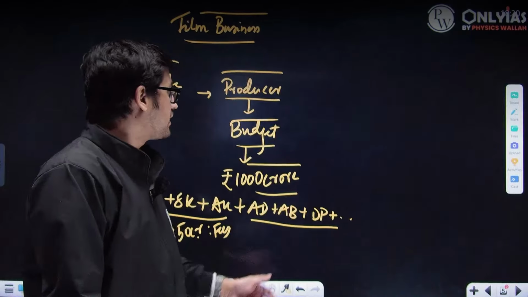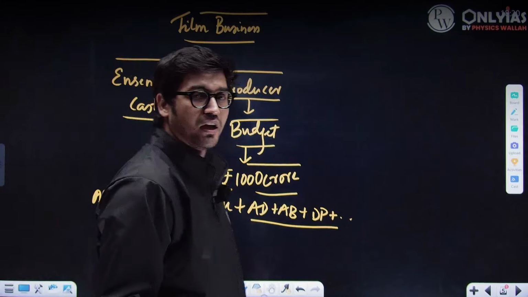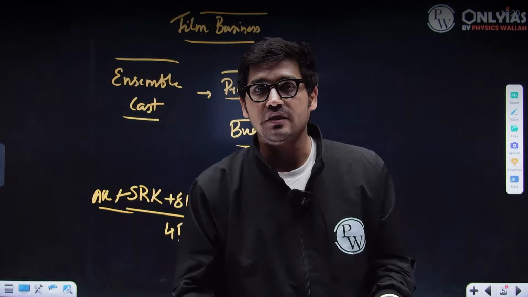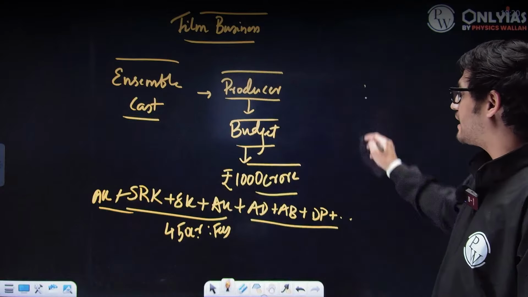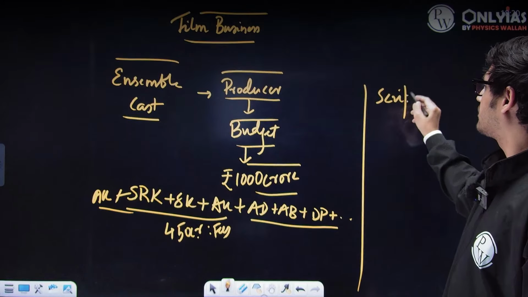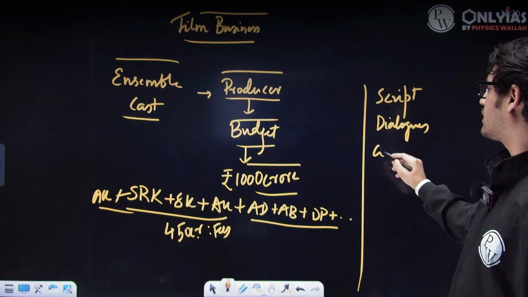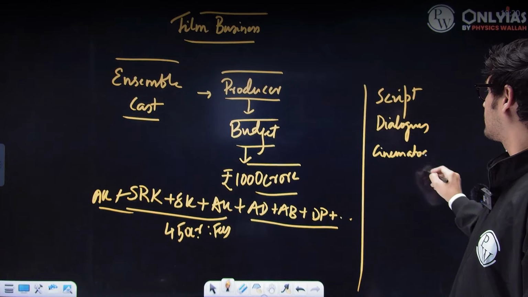And if I'm spending somewhere closer to around 500-600 crore rupees only and only to pay my actors, then what about the remaining aspects of a film? What about the script? What about dialogues? What about cinematography?